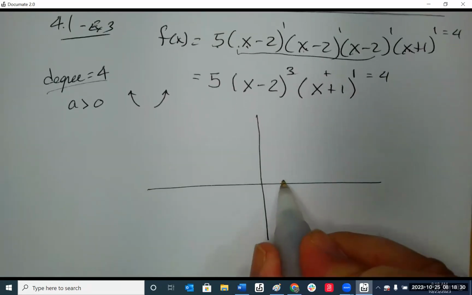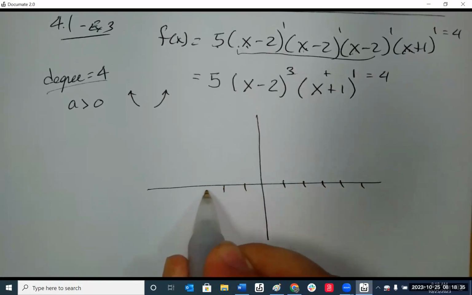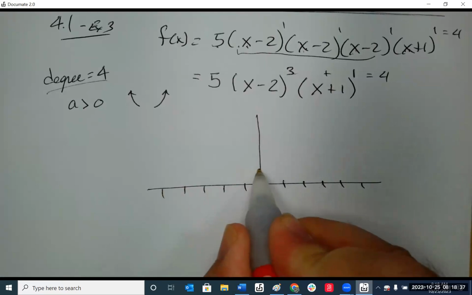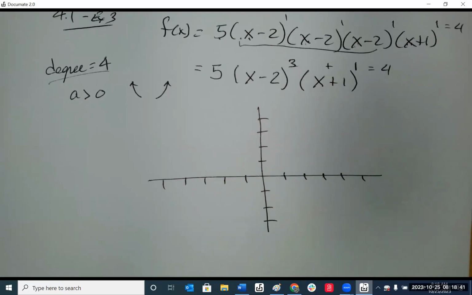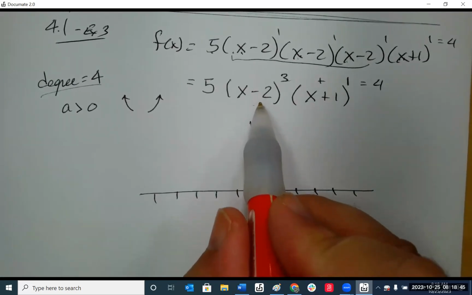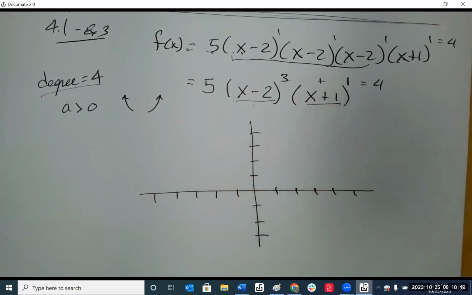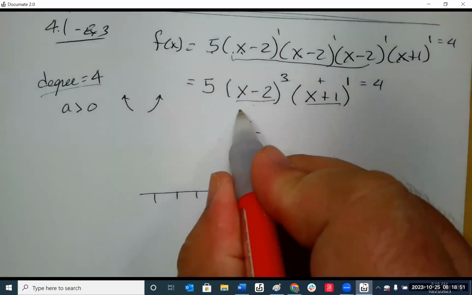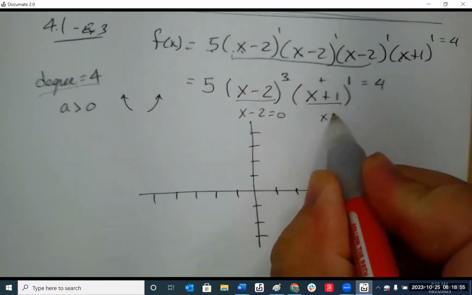So if we graph this, first is find the x-intercepts. Set these two equal to 0.